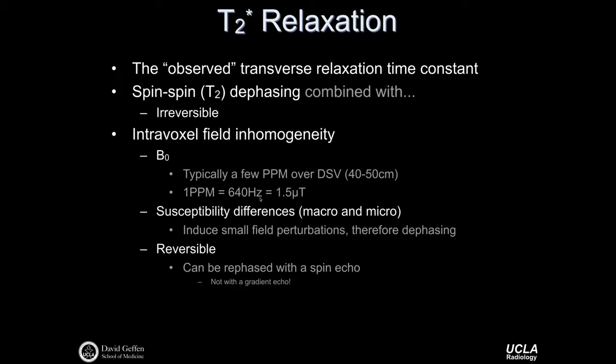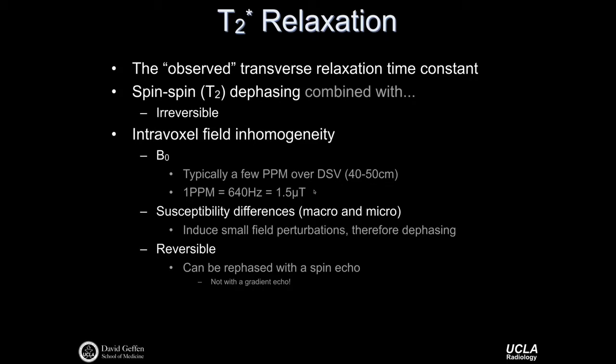That's equivalent to a difference of about 640 hertz in Larmor frequency over a large diameter sphere of 40 to 50 centimeters. And that means that we're off by about 1.5 microtesla if that's a 1.5 Tesla scanner. It might seem like that's a really small amount to be off and that this is a high precision instrument, and I wouldn't disagree, but this level of imperfection actually has a consequence on image quality and in fact image contrast.